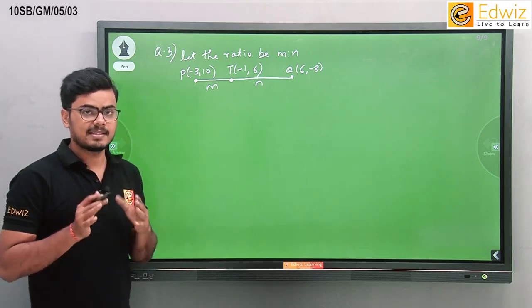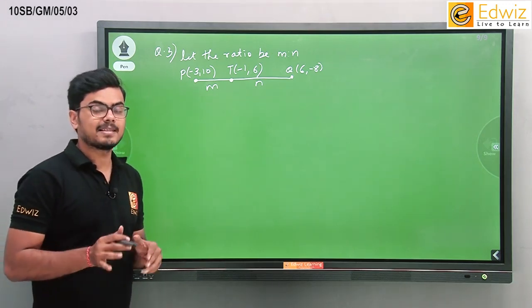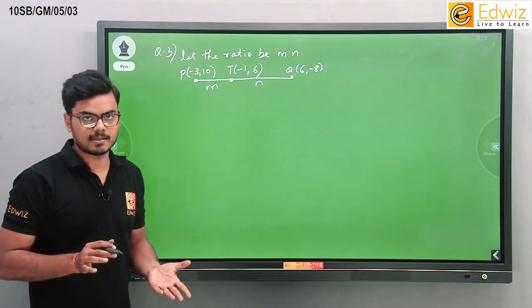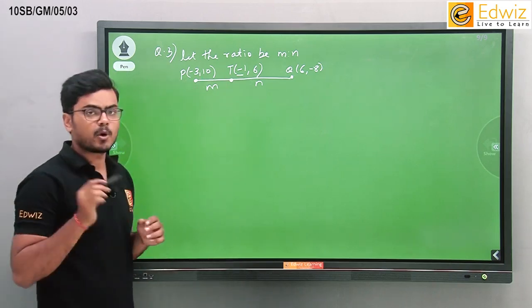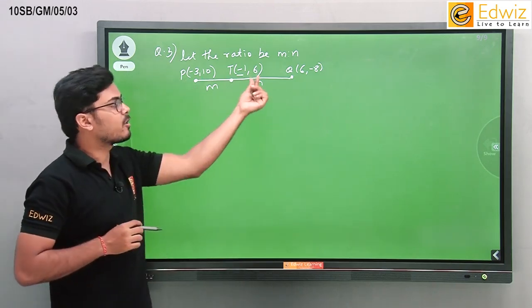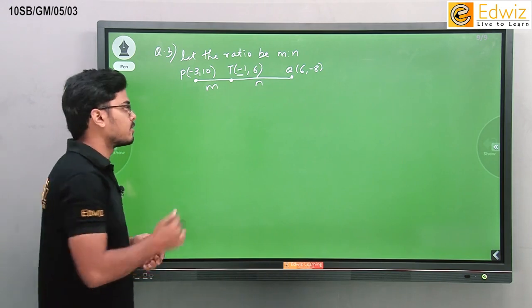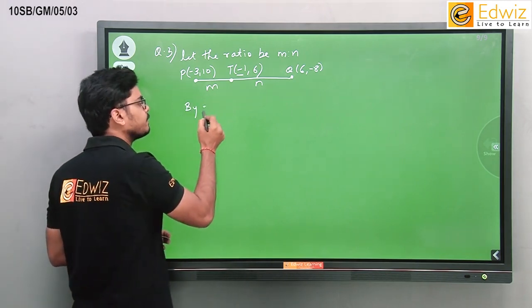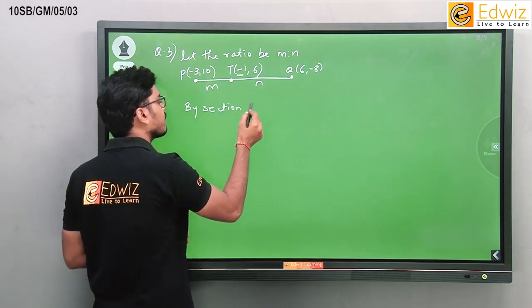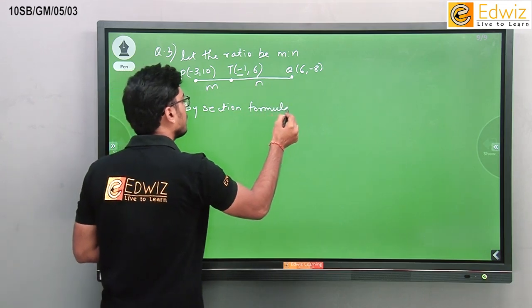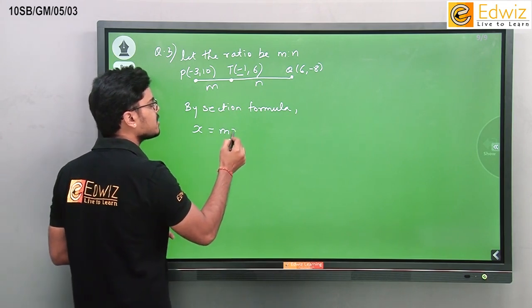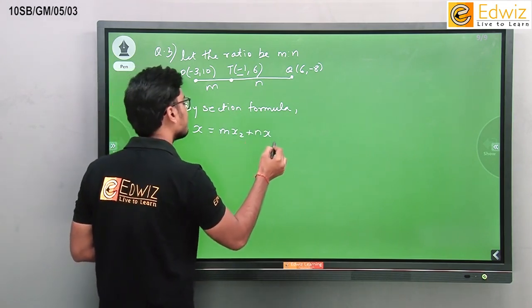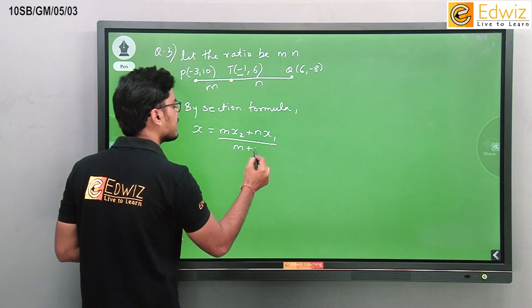We'll just use the same section formula for this, but this time x find out करने की जरूरत नहीं है, वो already given है हम लोगों को. x क्या है यहाँ पे, -1. The point of section, उसका x और y coordinate दोनों हम लोगों को पता है already. Okay, so by section formula, what is the formula? First let us write that down. X क्या होता है, mx2 plus nx1 divided by m plus n.